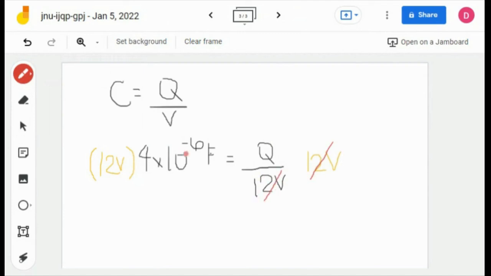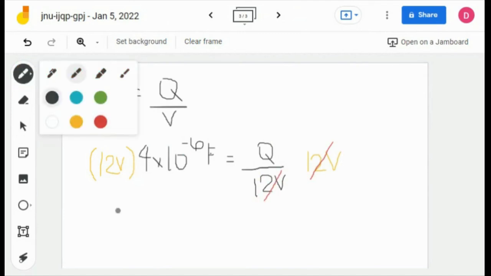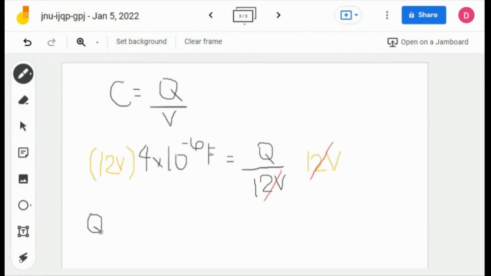So what is left with our equation is Q is equal to 4 times 10 to the negative 6 farads times 12 volts.